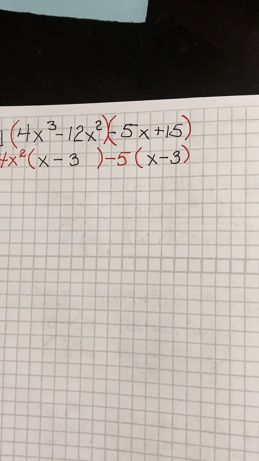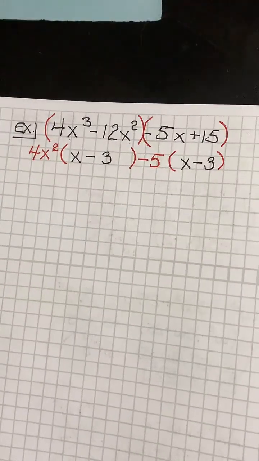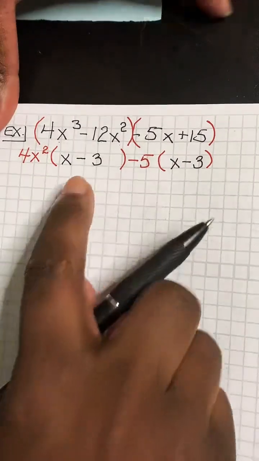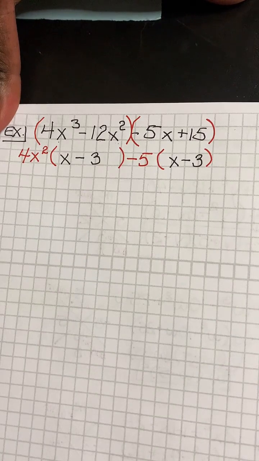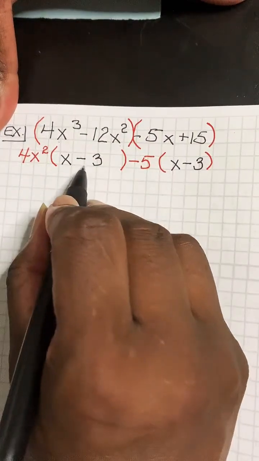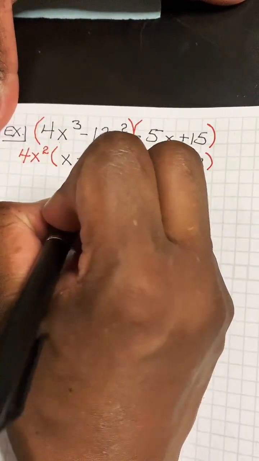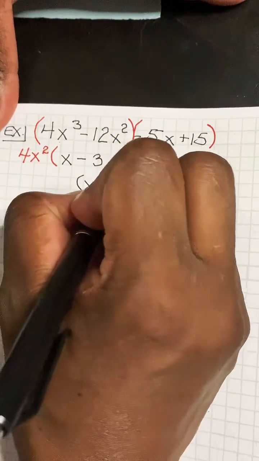Now look at your parentheses. Both of the parentheses should be exactly the same. If they aren't, that means we have to do some tweaking. So we're going to write down our common parenthesis, which is x minus 3.